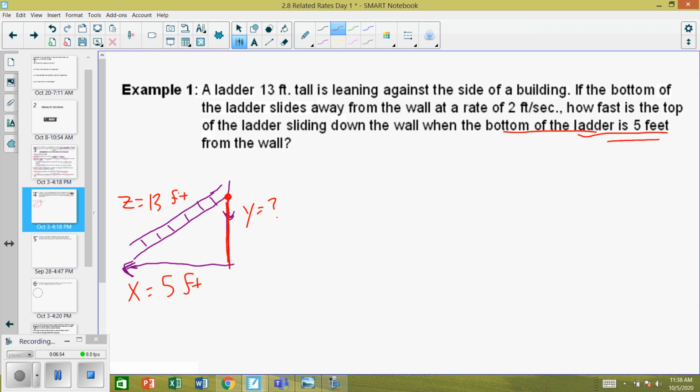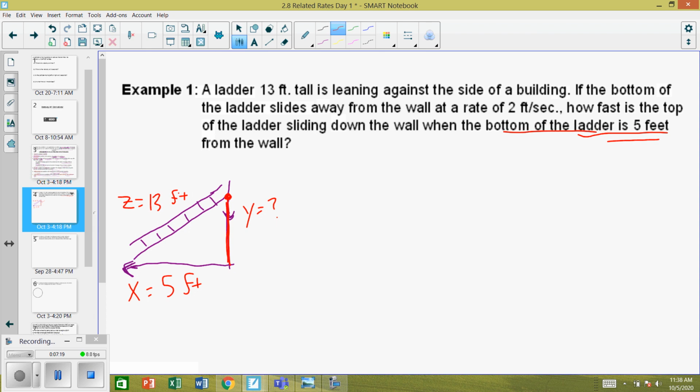Okay? All right. So what we just did is we labeled all of the distances that we can on this ladder on the wall. Now, with whatever variable you write down, we also want to write the rate at which that variable is changing.